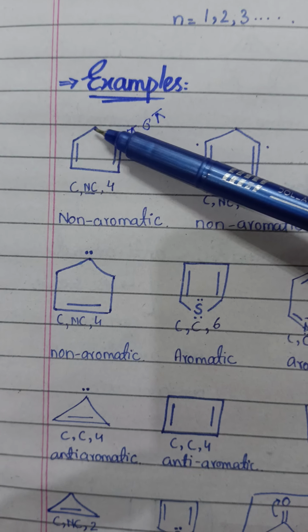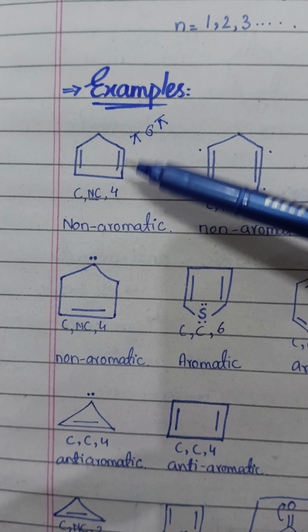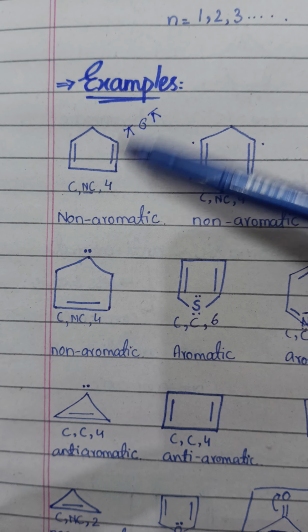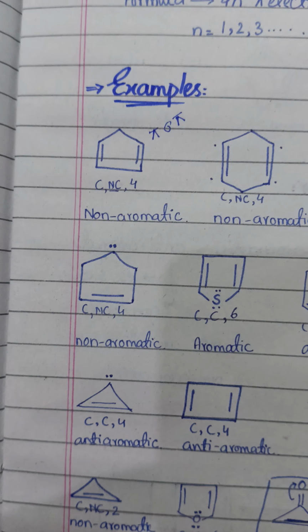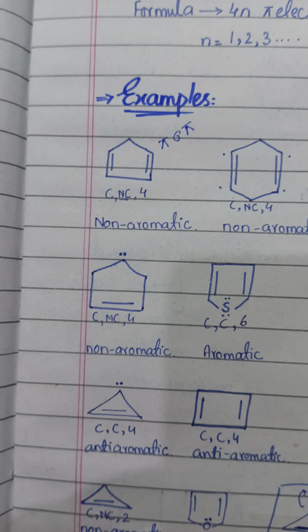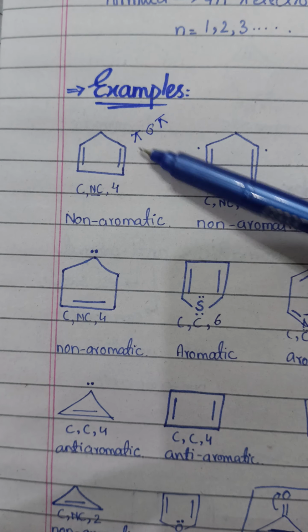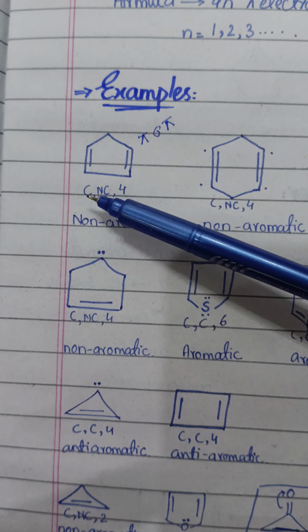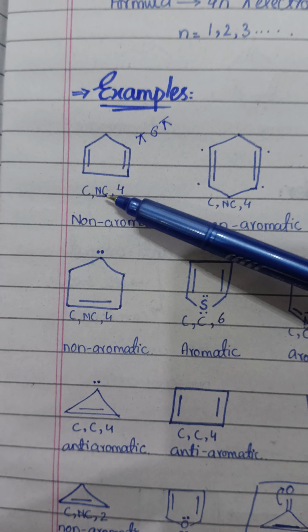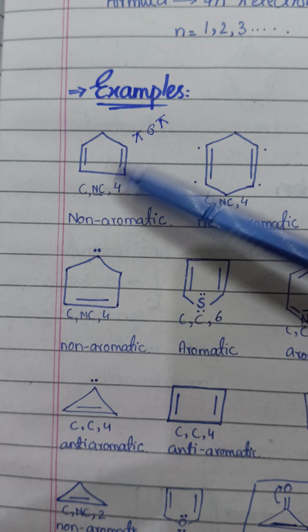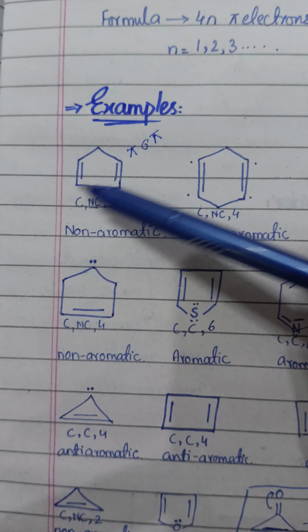We see that it has 1, 2, 3, 4, 5, a five-carbon member ring is present in front of us. First of all, we have to see that this structure must be cyclic. So we see that it has a cyclic structure, so we mention C. Then you add a comma, and then C, and C means non-conjugation, meaning this molecule cannot show conjugation.